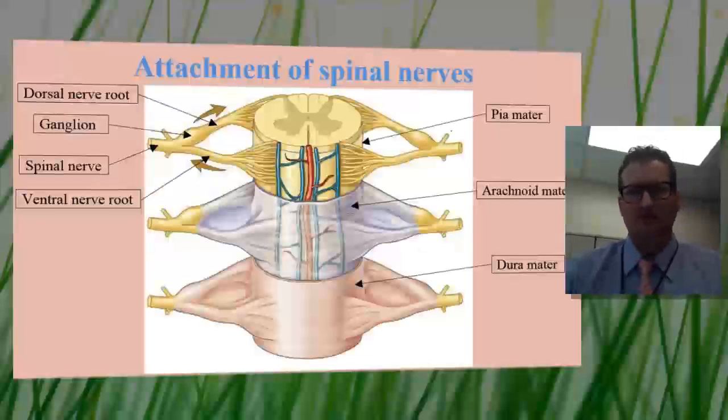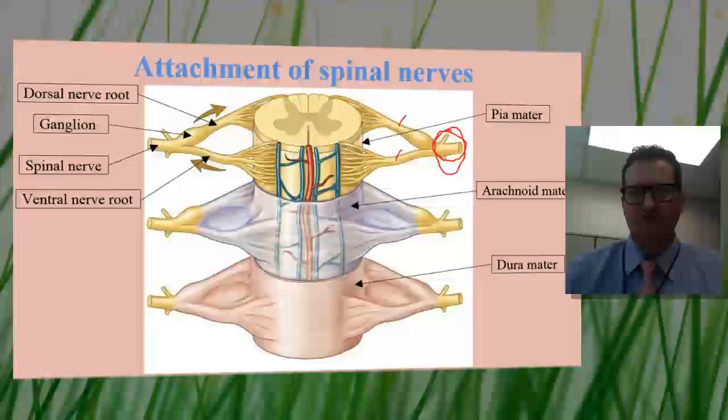The spinal nerves are shown here, this is a spinal nerve, and these are the nerve roots. So the spinal nerves travel through gaps between the vertebrae and attach to the spinal cord by way of the dorsal and ventral roots. So of course this would be the dorsal root, and this is the ventral root. The dorsal or posterior nerve root contains fibers that carry sensory information into the spinal cord.